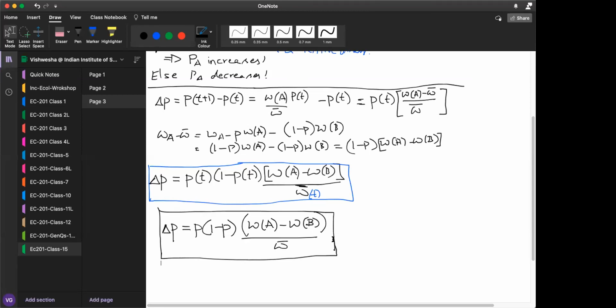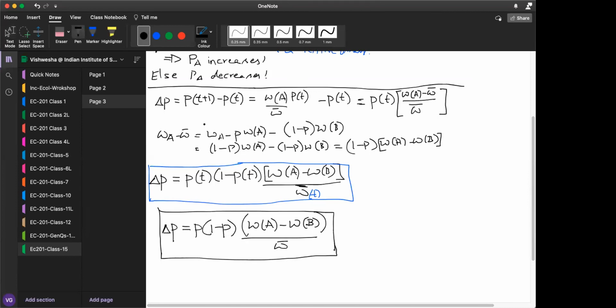It looks like the logistic growth equation, right? Where the population density is now replaced by the proportion of one type of genotype.